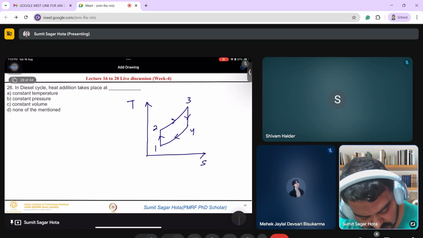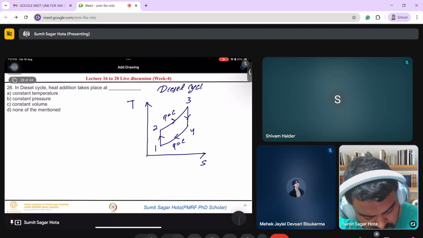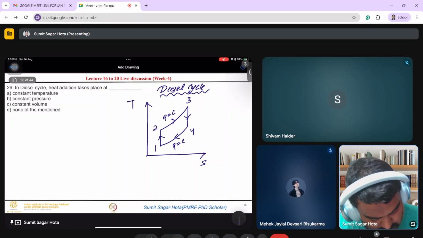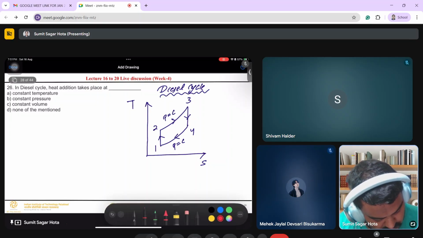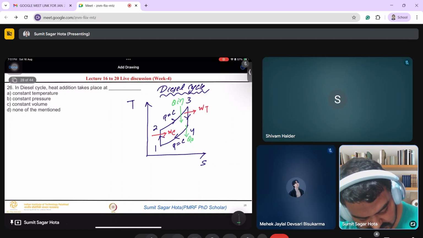Here actually pressure is constant. Here it will be your compression work. Here it will be your turbine work. Then there will be your constant pressure heat addition and constant pressure heat rejection.